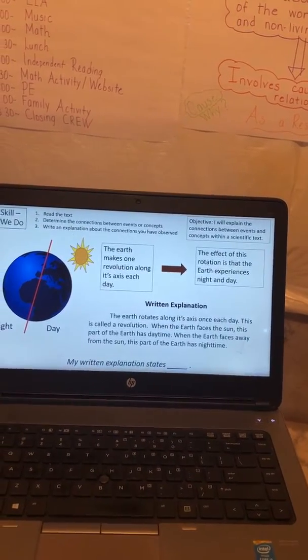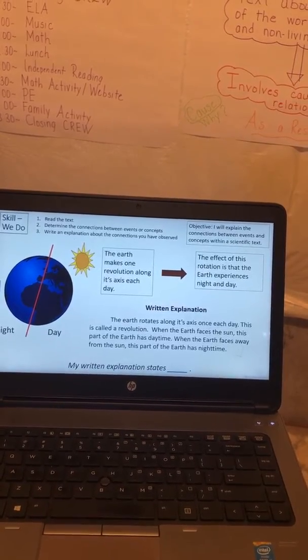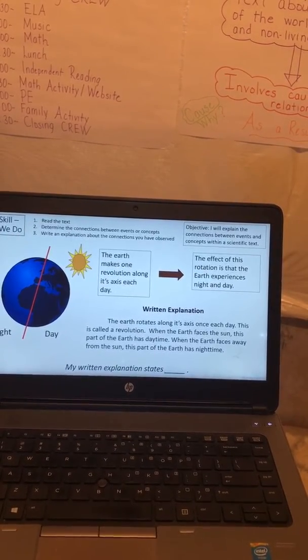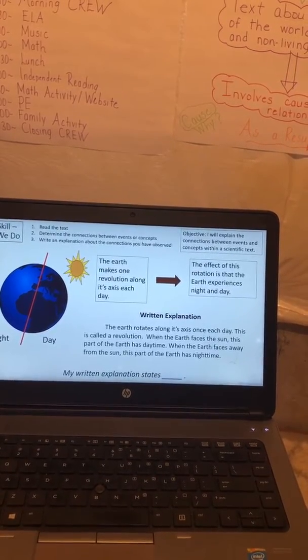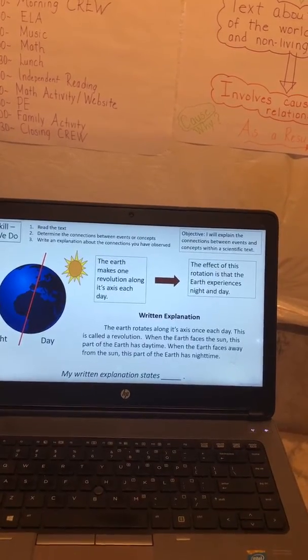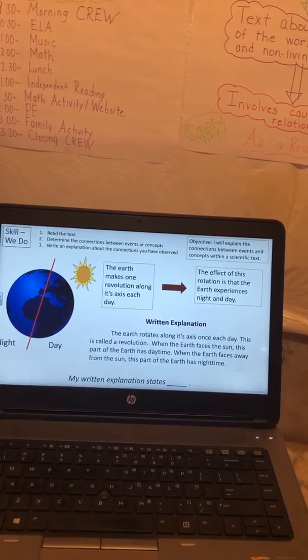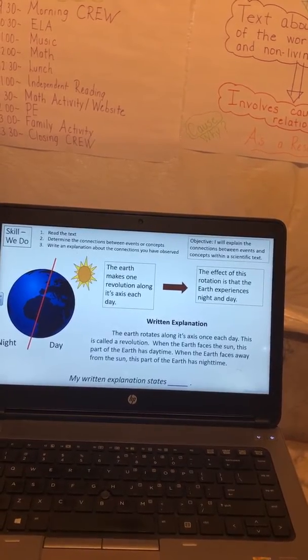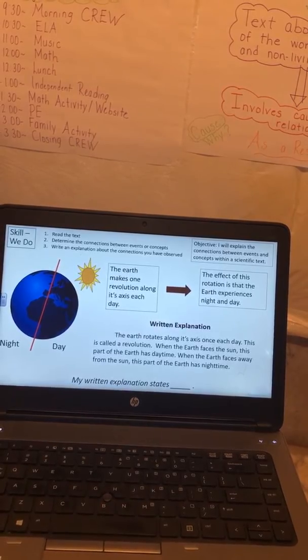Okay, for our written explanation, we're going to write this. The Earth rotates along its axis once each day. This is called a revolution. When the Earth faces the sun, this part of the Earth has daytime. When the Earth faces away from the sun, this part of the Earth has nighttime.